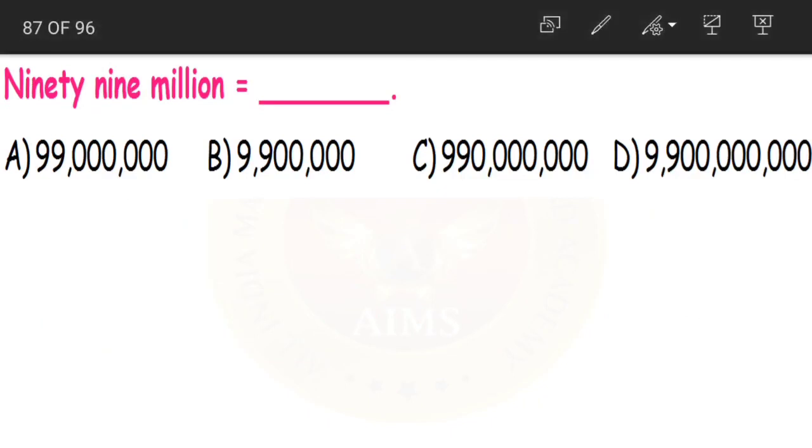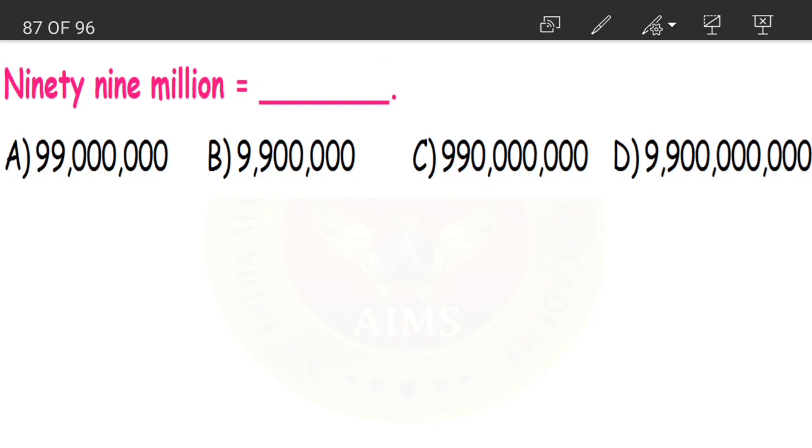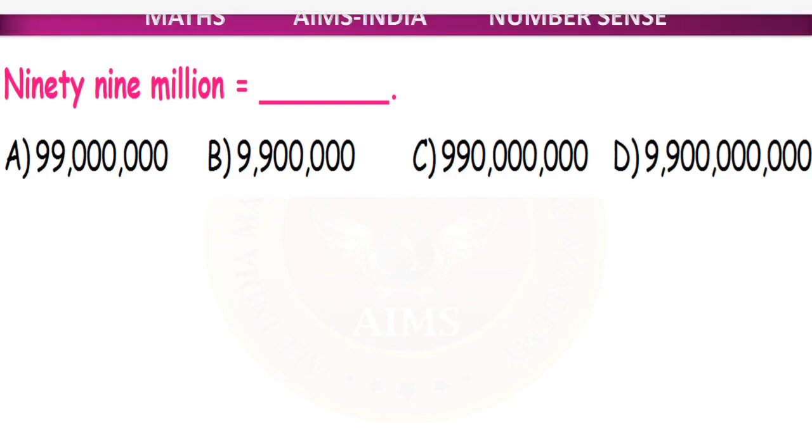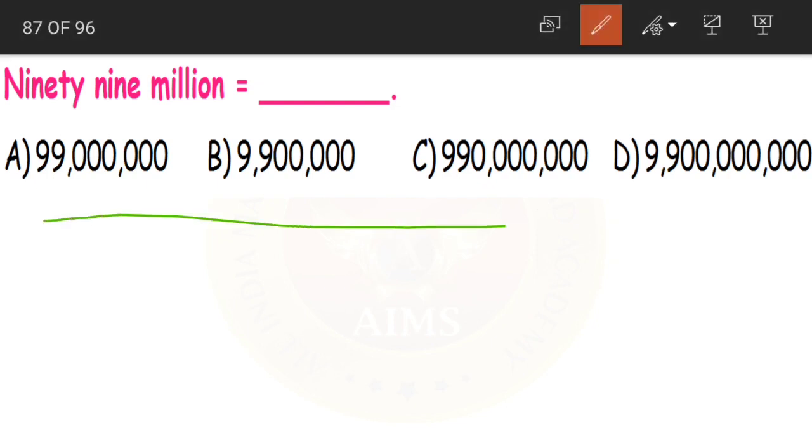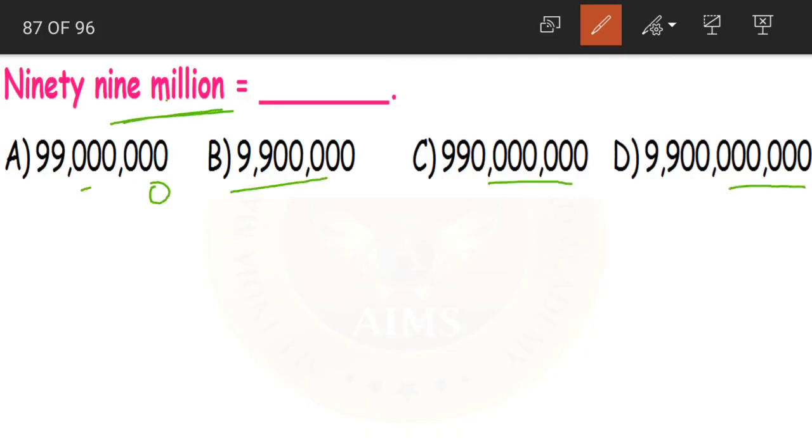Moving on to the next question. 99 million is equal to dash. Now you can simply go through the options and check for ourselves what is the correct answer. This is an international system, so even the numbers should be written according to the international system. If you look at the periods here, we have ones, thousands and the millions period.